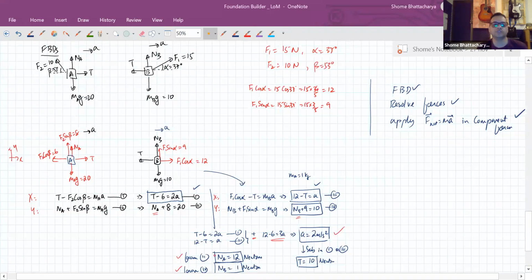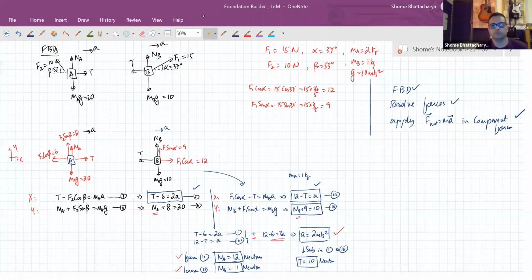Okay, so all these values you are substituting and then solving the equations. Okay, so hope this is clear to all of you now.